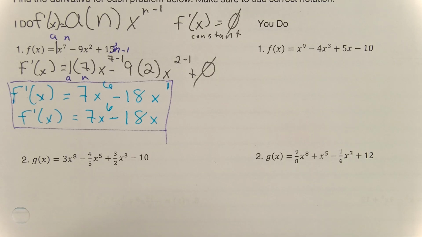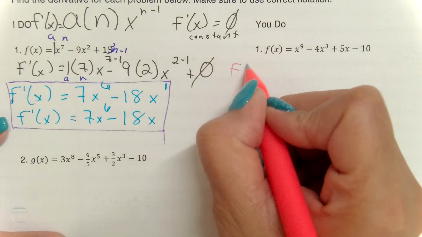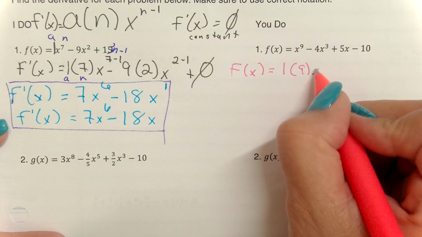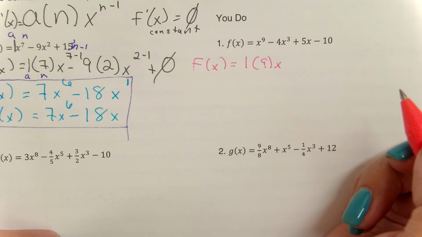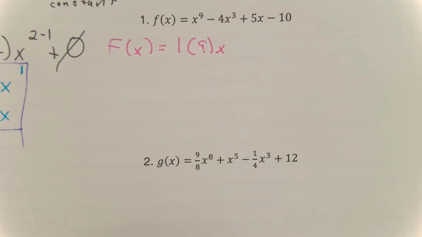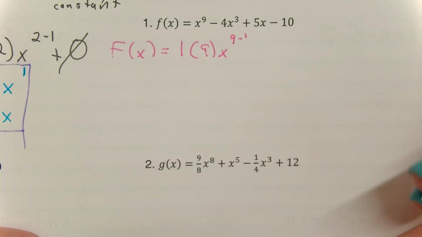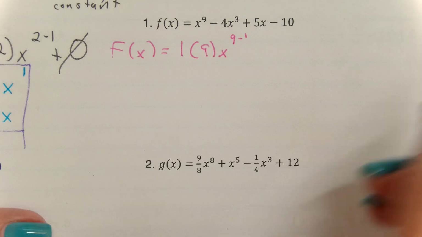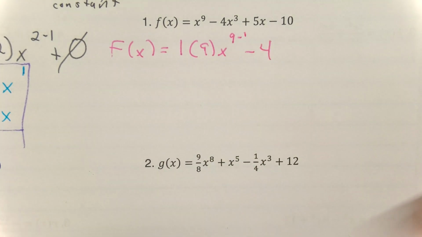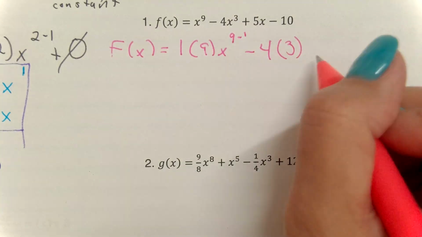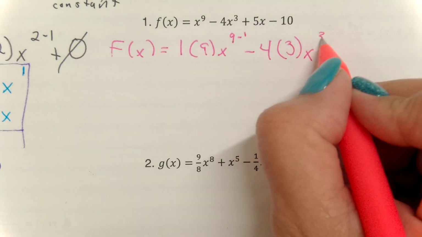F of x, 1, parentheses 9, x, 9 minus 1. Okay. And minus 4, parentheses 3, x, 3 minus 1.